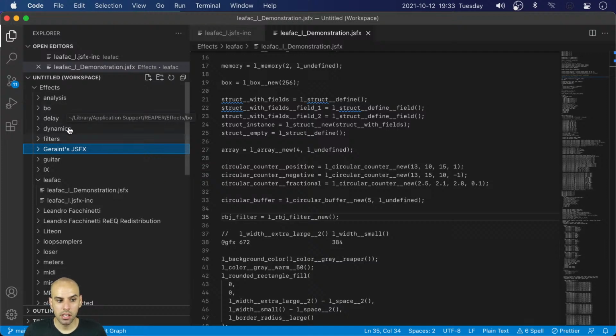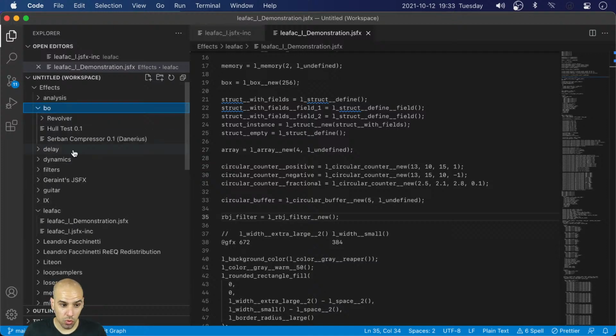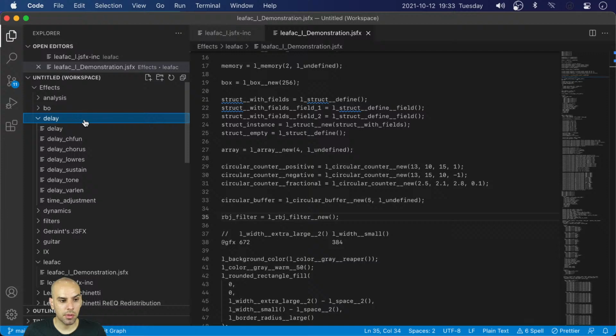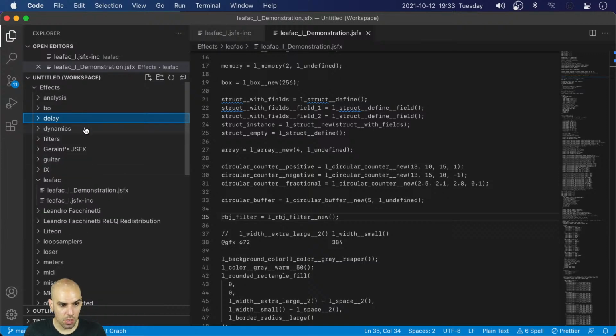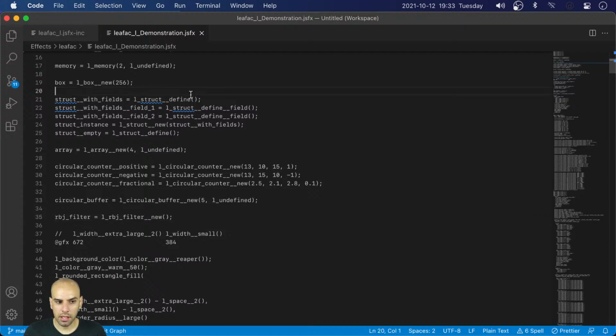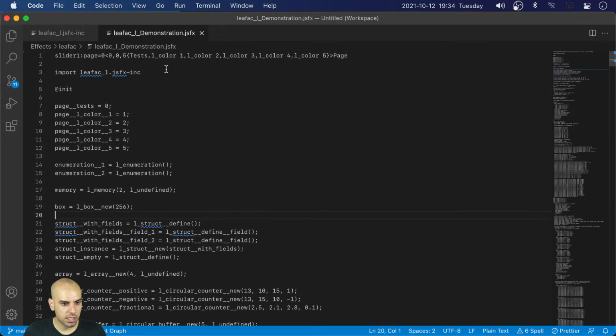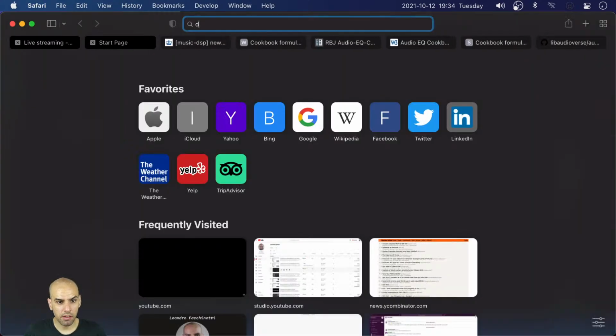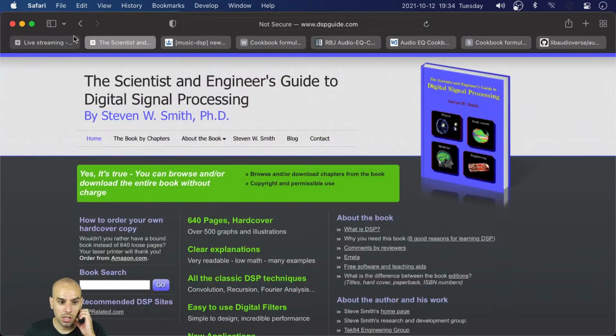So I just read what other people send me, like Bo sent me this code, and I read what is in there in Reaper to begin with. I read stuff that I find in Repack, just read, and I start constructing ideas. And then I am reading this book that I find is a really good book.